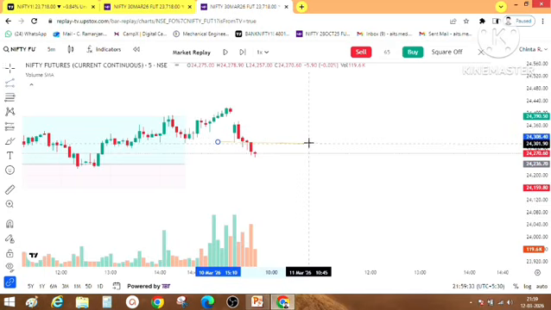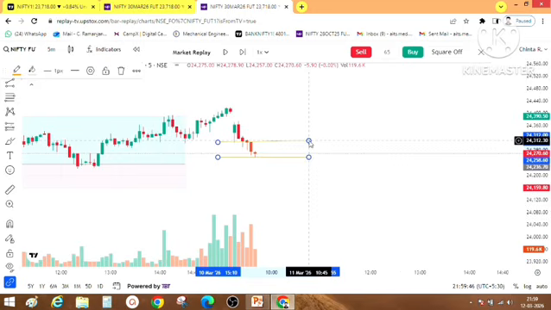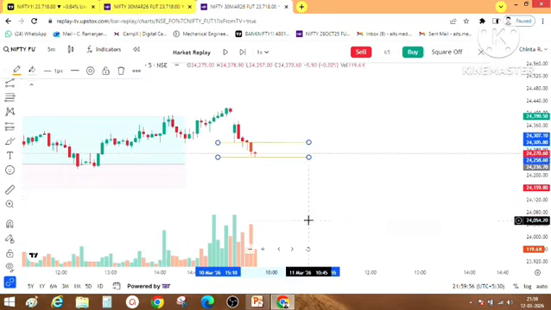So this is high of the fifth candle, and this is the low of the sixth candle. So this is a high and low. Now it is going to break downward, so I am going to take the put call. That means we are going to trade short position at this point.